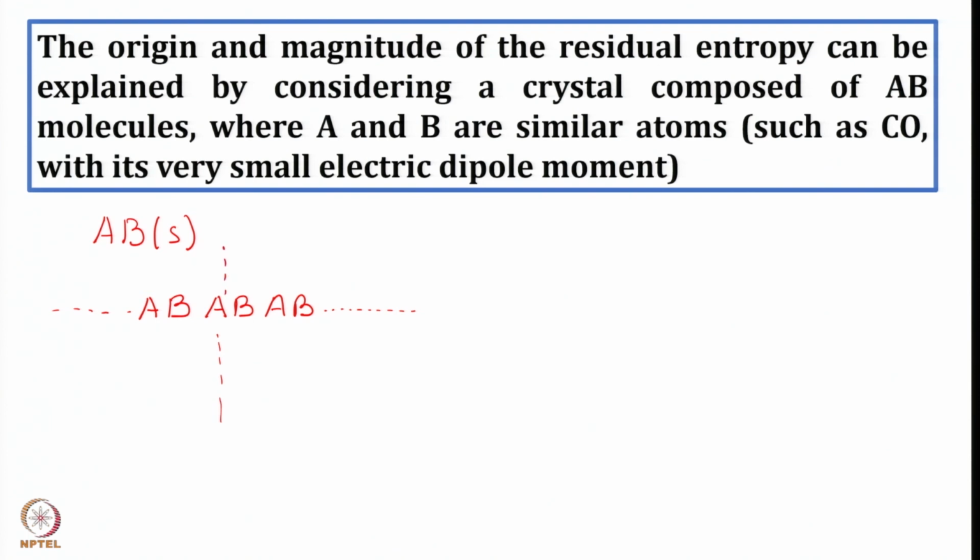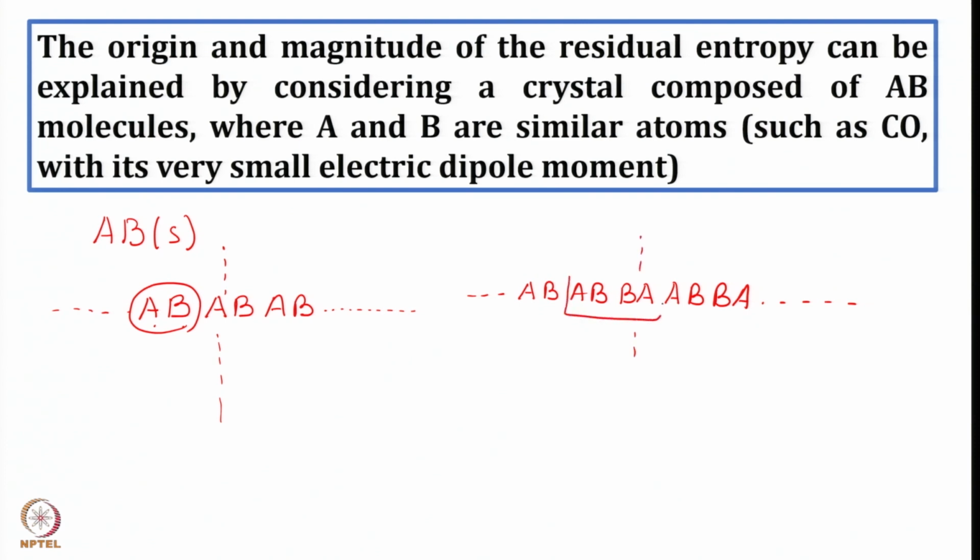Suppose A and B are very similar atoms, and the overall electric dipole moment of AB is negligible. I repeat, consider A and B to be very similar atoms such that the dipole moment of AB is negligible. That means in this solid form, if the arrangement is like A, B, A, B, and somehow it is reversed, B, A, then A, B, then B, A, and let us repeat in all directions.